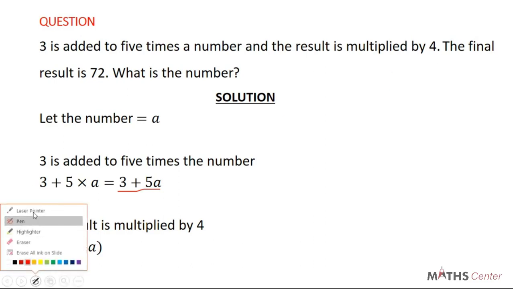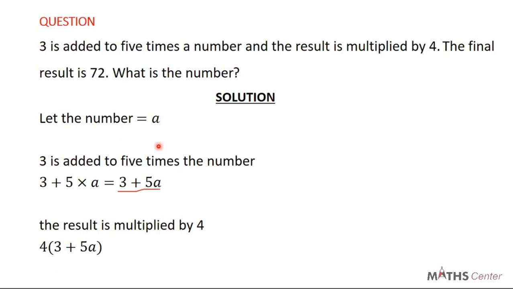If the number is a, that is going to give us 3 plus 5a. The result is multiplied by 4, so 3 plus 5a is being multiplied by 4. Because 3 plus 5a is a binomial, you put that in a bracket, then you bring the 4 outside the bracket.